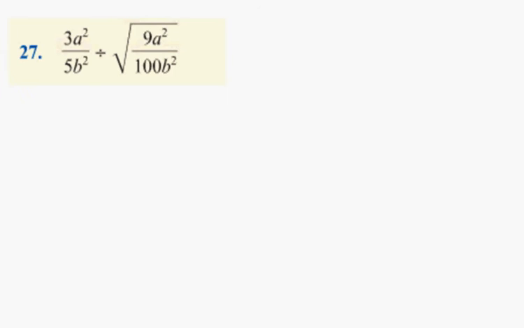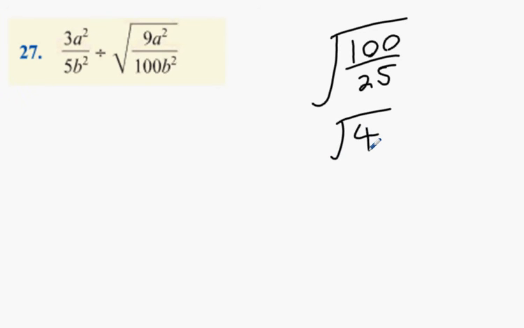If I have the square root of 100 over 25, everybody knows 100 divided by 25 is 4. You can divide first and do the square root second. So this in turn will be the square root of 4, which is 2.